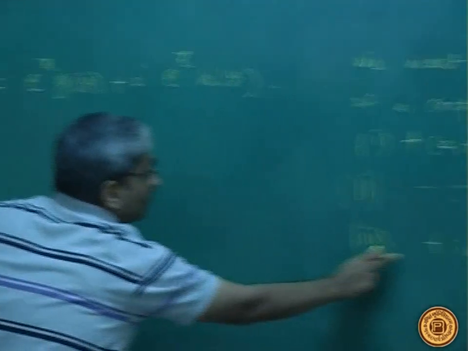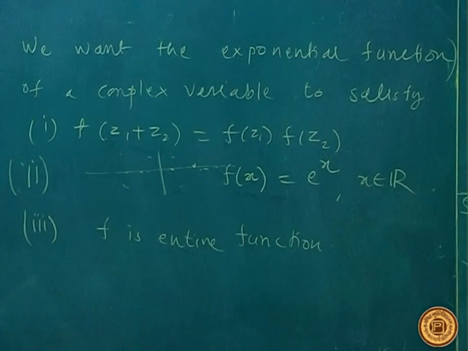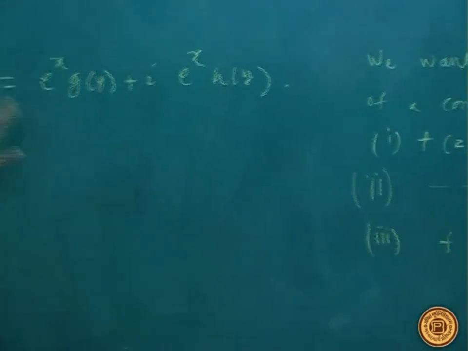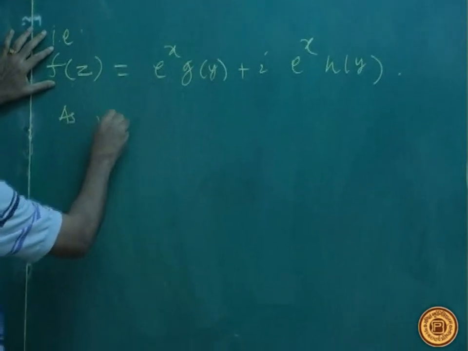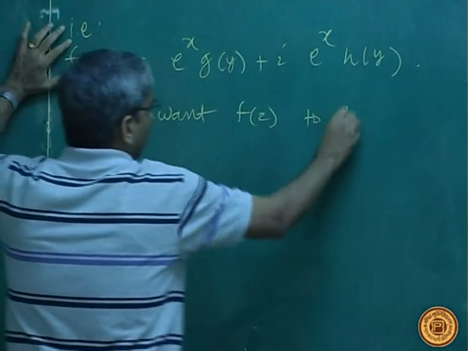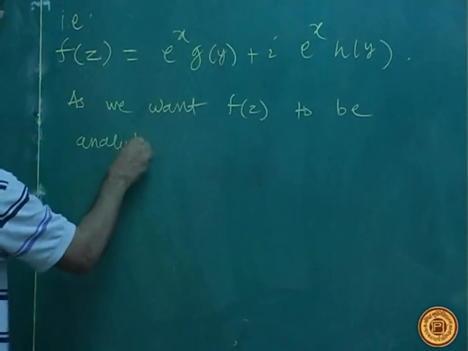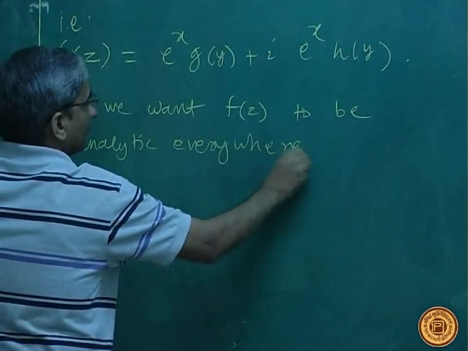Now look at the third property. It is an entire function I want. Entire function means what? The real and imaginary parts must satisfy Cauchy-Riemann equations. I want this function analytic everywhere. So as we want f(z) to be analytic everywhere, what must happen?